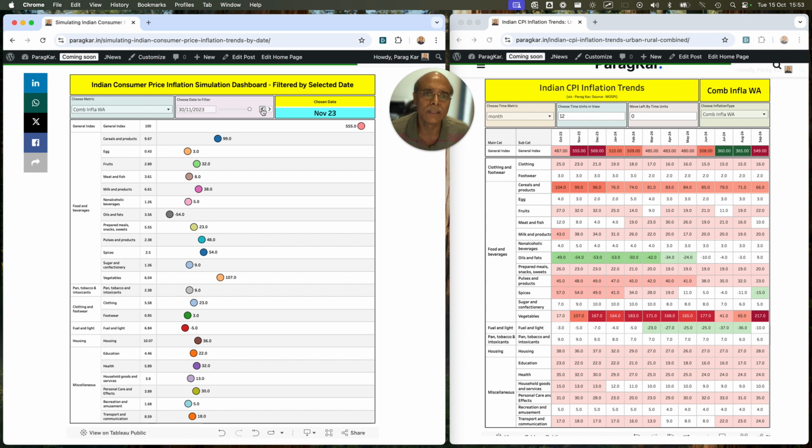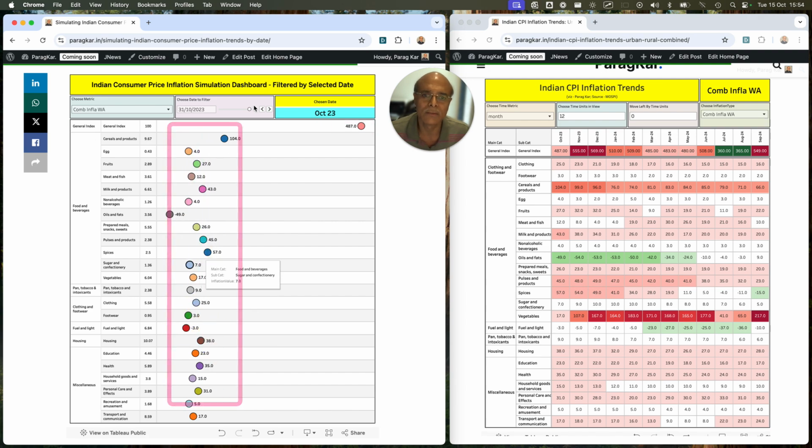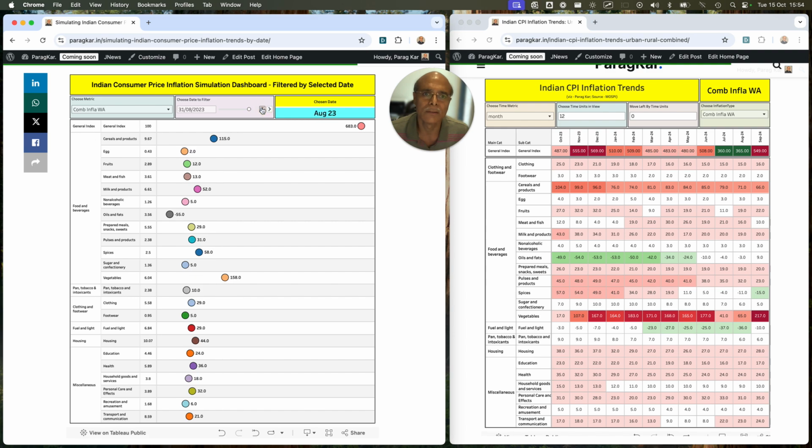And as you see, as the numbers fluctuate, this number also keeps fluctuating, right? These are the numbers, and mostly the number which is fluctuating is the vegetable numbers. The rest of the numbers are not fluctuating that much. So if I go back, see, again the vegetable numbers became high, this number became high. So what is this issue all about?